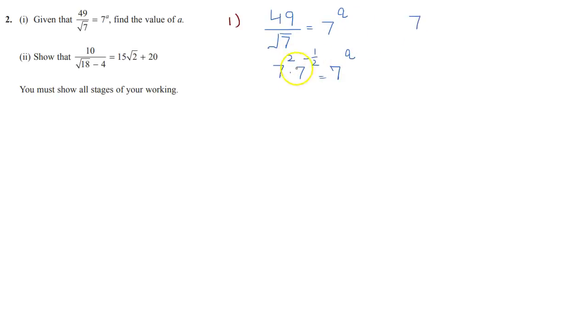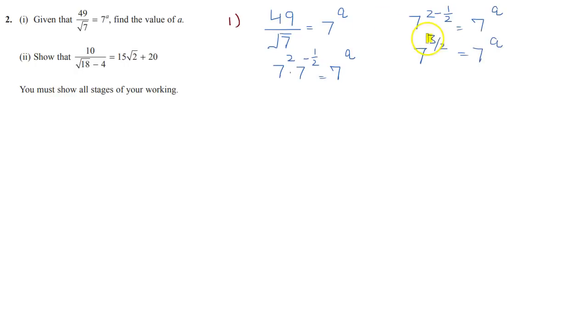When we multiply the same number, we add the powers. So 2 plus minus 1 over 2 is equal to 7 to the power a. 2 minus half, that is 2 times 2 is 4, minus 1, that is 3 over 2, is equal to 7 to the power a.